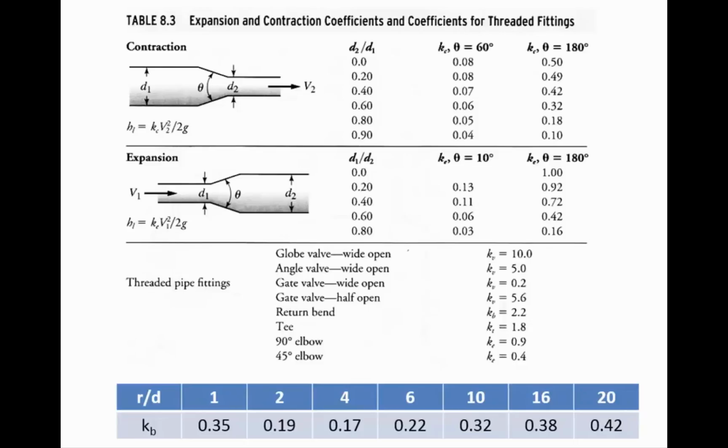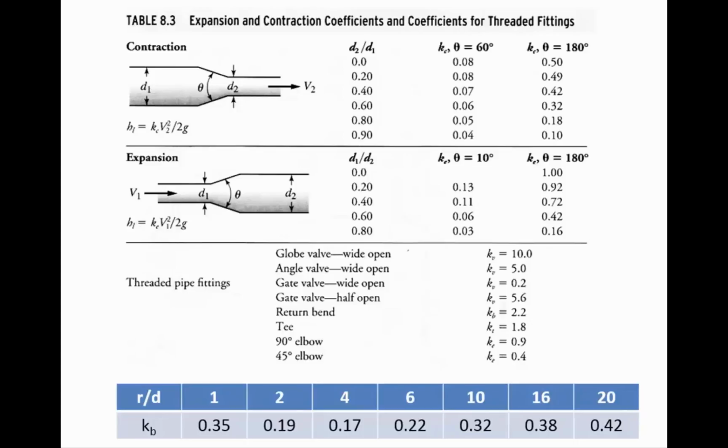It's kind of interesting that you'd expect a really long gradual transition to have the lowest K value. You want a really slow gradual transition, not something abruptly changing, because if it's abruptly changing, you're losing more energy.